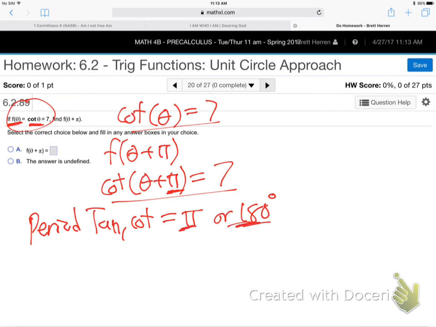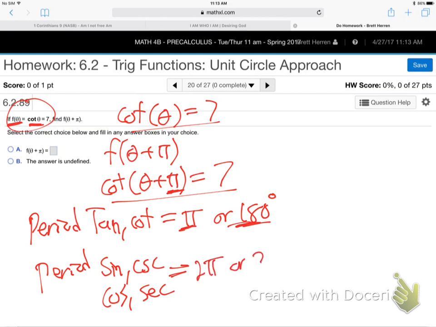They repeat values. So every 180 degrees, every half a circle, cotangent just keeps repeating his values. So does tangent. It's for the other functions, the other four, sine and his reciprocal, cosecant, and cosine and his reciprocal, secant. For those four, anybody know what their period is? It's 2 pi or 360.